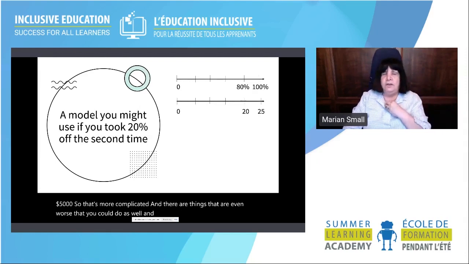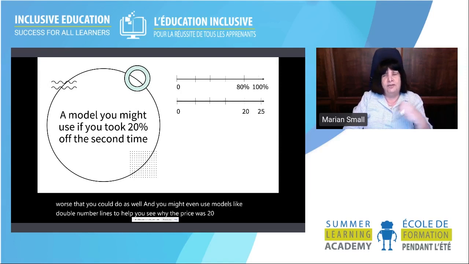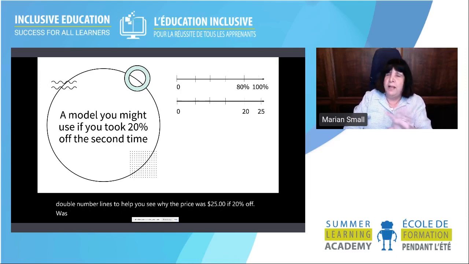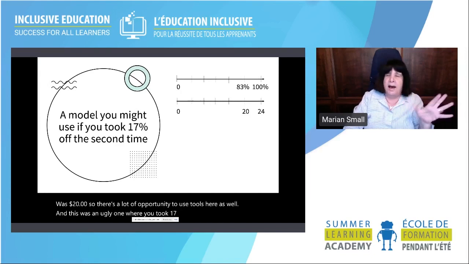And you might even use models like double number lines to help you see why the price was $25 if 20% off was $20. So there's a lot of opportunity to use tools here as well. This was an ugly one where you took 17% off. So honestly, it could get uglier, it could get nicer.